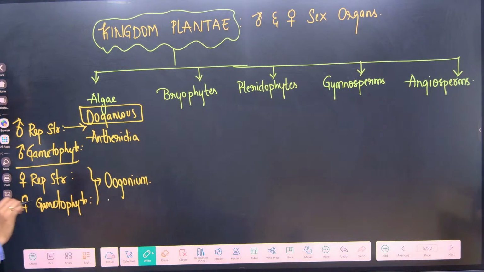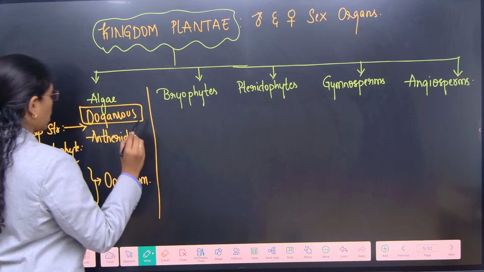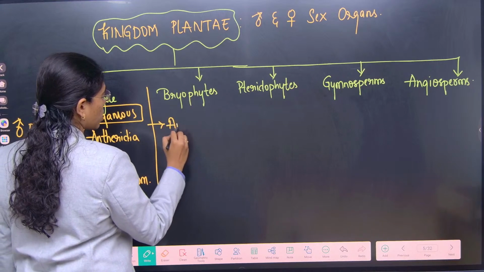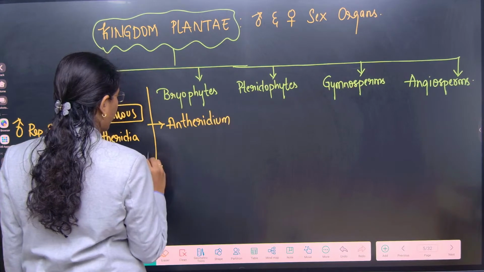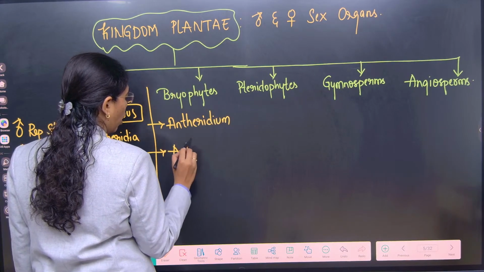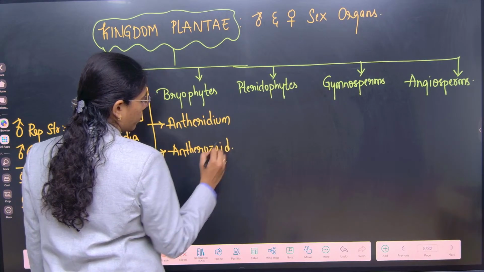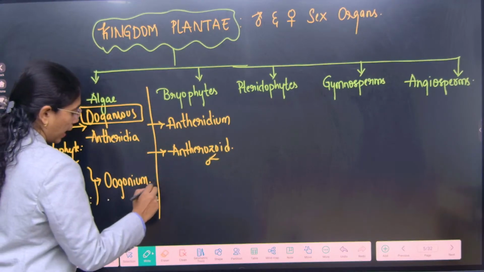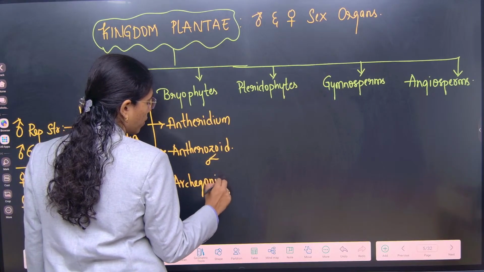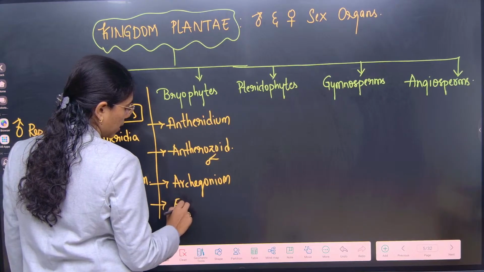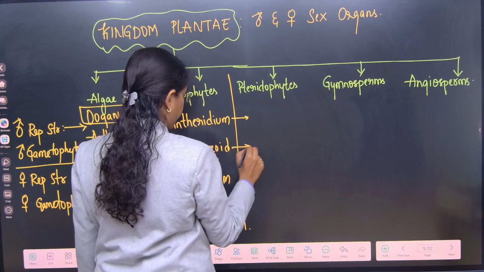Fine, right? Antheridium and oogonium. Next, in bryophytes, antheridium is the male reproductive structure, and the gamete is antherozoid, which is biflagellated. And then here it is archegonium, and the female gamete is egg cell. Same is the case with pteridophytes.